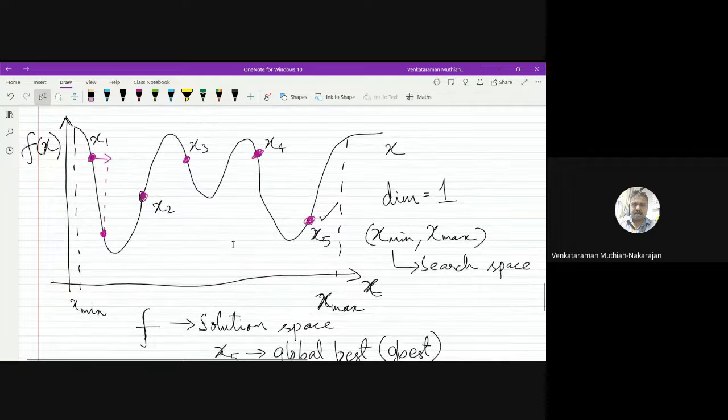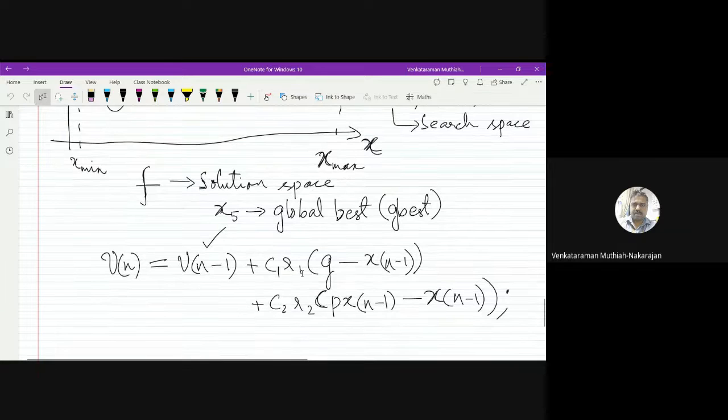Like x1 at 0 is here, x1 at 1 has moved from left to right, and it has reached a better position. So you keep that velocity, or the inertia, the same. That is the first component, the velocity.